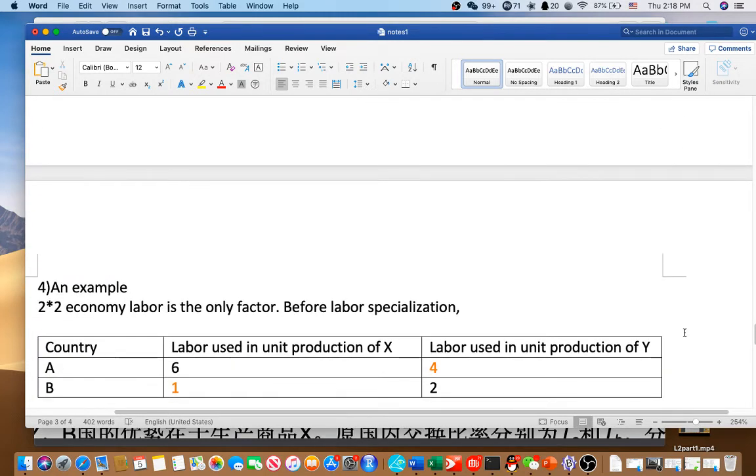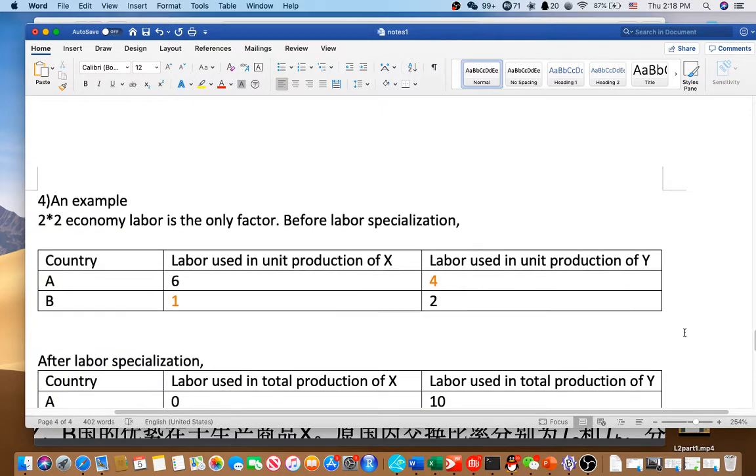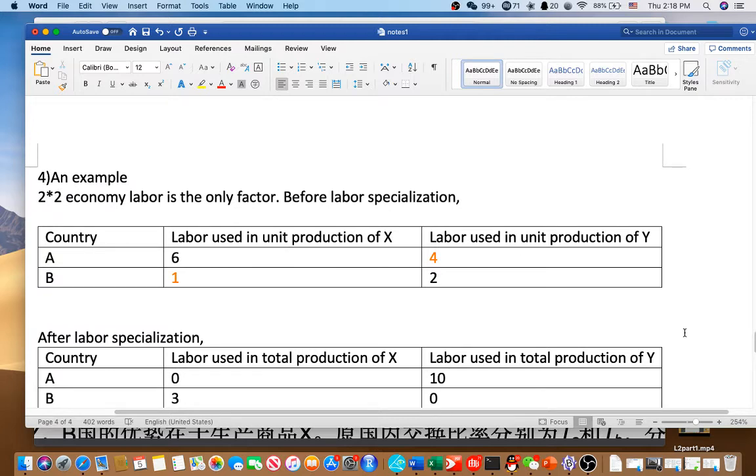In this simple 2x2 economy, labor is the only factor. Before the labor specialization, country A produced 1 unit of X using 6 units of labor, and B used only 1 unit of labor. Country A produces Y using 4 units of labor, and B uses 2 units of labor.